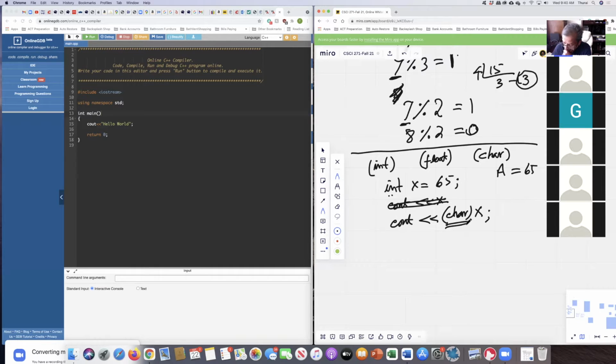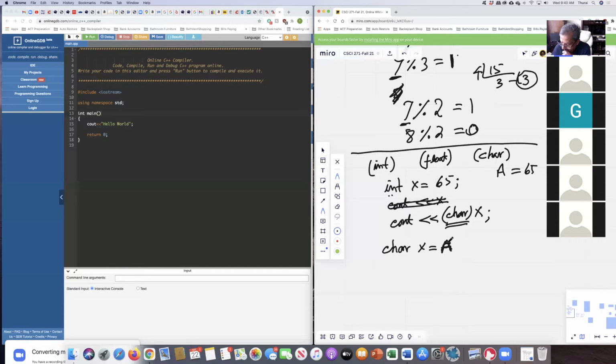Professor? Yeah. I have a question. But what if you put a char, like a char lowercase x equals A, then can you just negate the char, the parentheses char x, or no, capital A, so it would be 65.